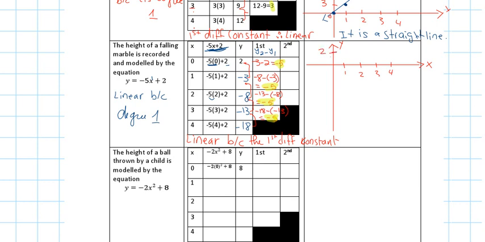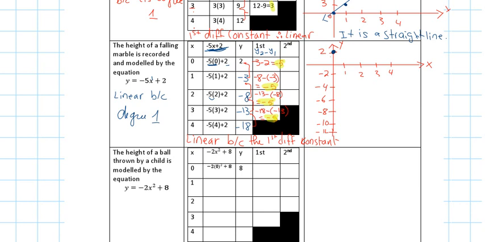So this is negative 2, negative 4, negative 6, negative 8, negative 10. Even if I can't fit all the points, that's okay. This is negative 12. So I'm looking at my first point. My first point is 0, 2. Okay? So that means it's right here.